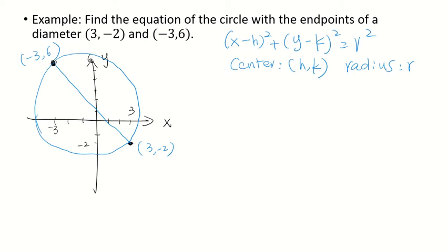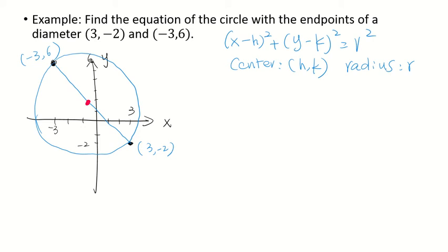So in other words, we have to find the center and the radius of the circle with the given information. You can probably tell the center of the circle is the midpoint of these 2 endpoints.